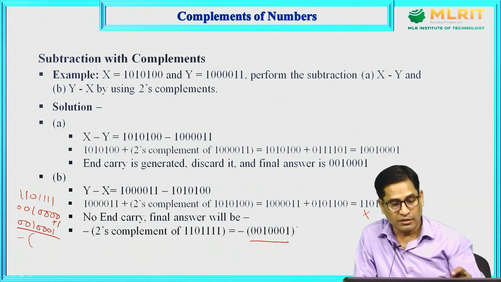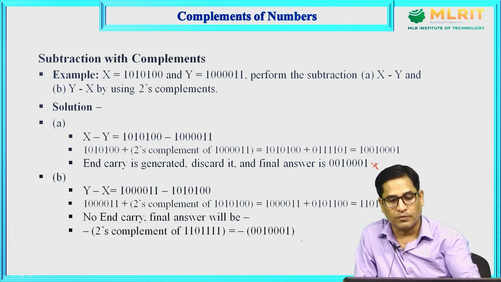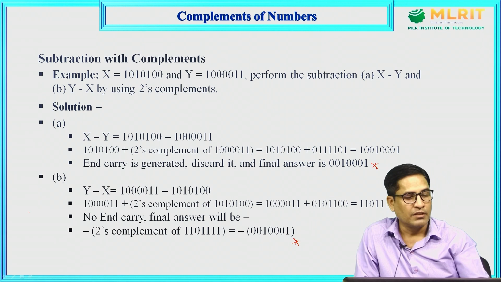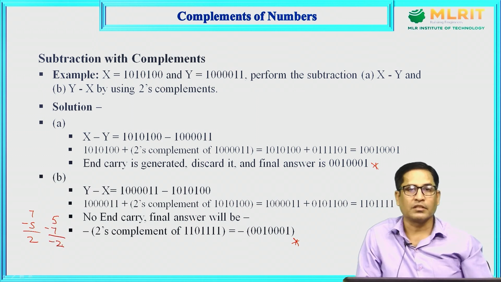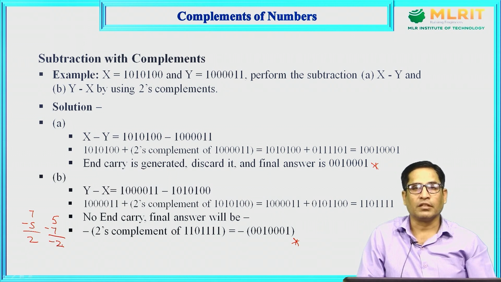Please note that these two answers, this one and this one, are going to be the same, with the only difference being the minus sign. Likewise, 7 minus 5 is equal to 2, and 5 minus 7 will be minus 2. This is a simple understanding which helps you verify whether you got the right answer in both cases.